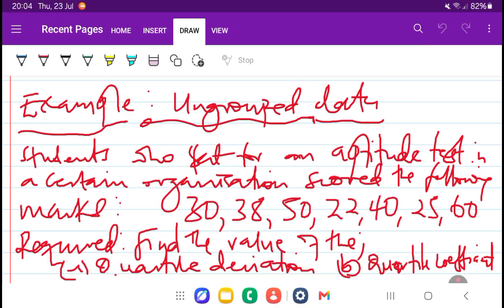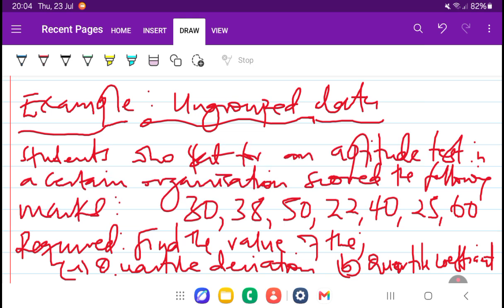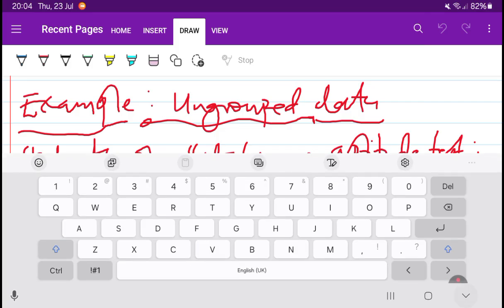In high school, we used to just, as long as you arrange the data set, you divide those values into half. If they are even, then you just get the two numbers and then you divide, you get that first median. Then you also divide the rest of the values. But here, let's use the formula.